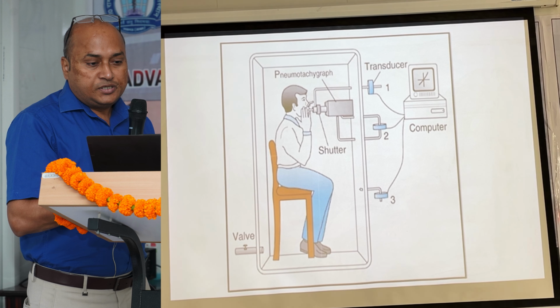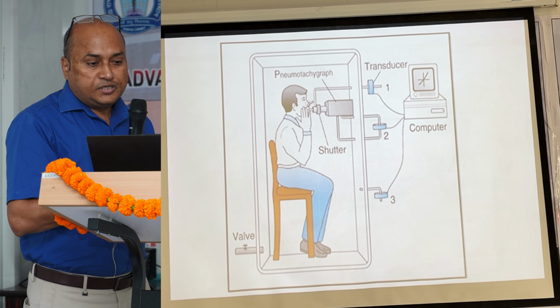There is no flow actually, but respiratory excursions are there, affecting our thoracic wall. We are changing our thoracic volume by just panting, and the speed of panting is 1 to 2 per second. This is the usual rate of panting.